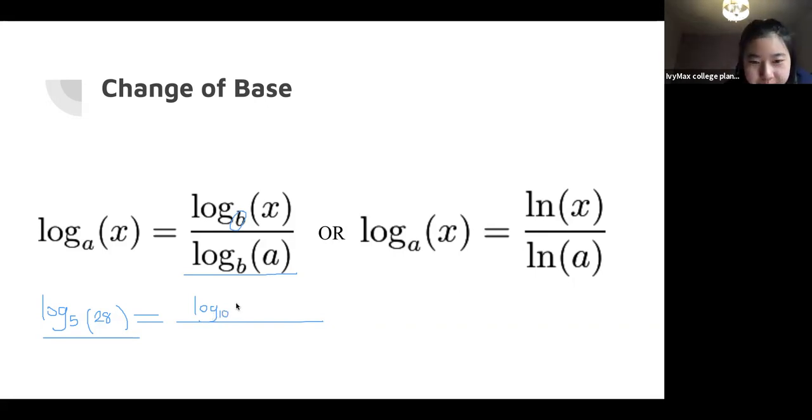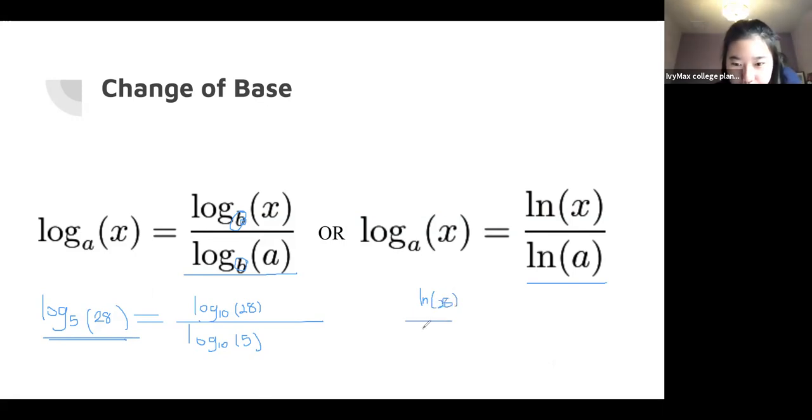So x is your 28, over log base 10 of 5. And make sure your denominators b and this b are the same. So we have log base 5 of 28, and then we change to natural log form. This one will be natural log 28 over natural log 5. Okay.